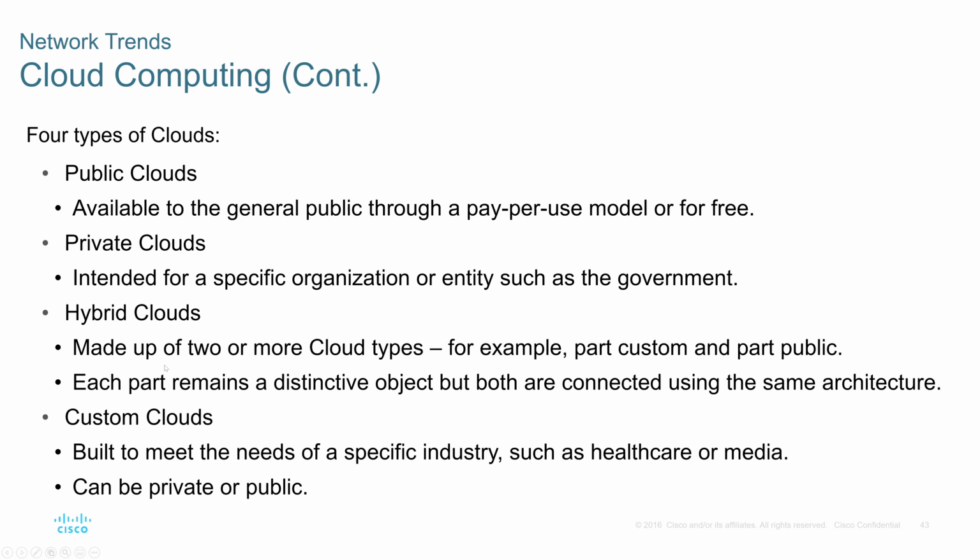Then we have hybrid clouds, which are made out of two or more cloud types, for example, part custom and part public. Each part remains a distinctive object, but both are interconnected using the same architecture. Actually, the University of Calgary example would be a type of hybrid cloud.